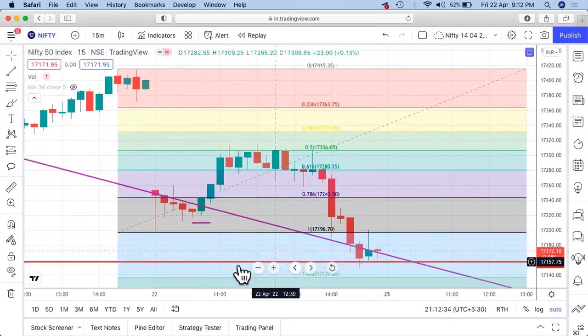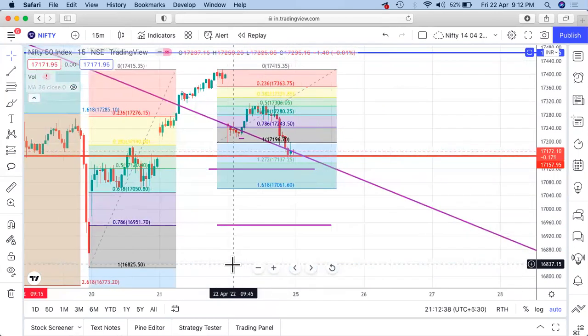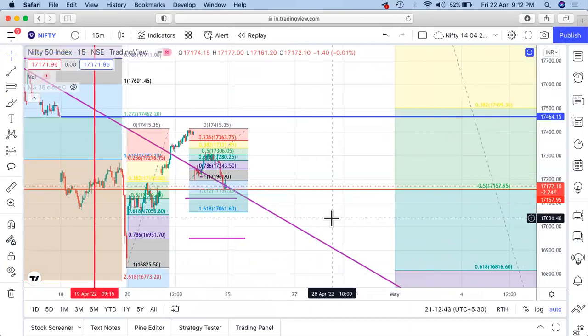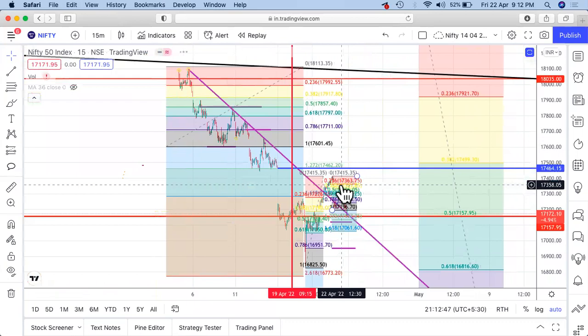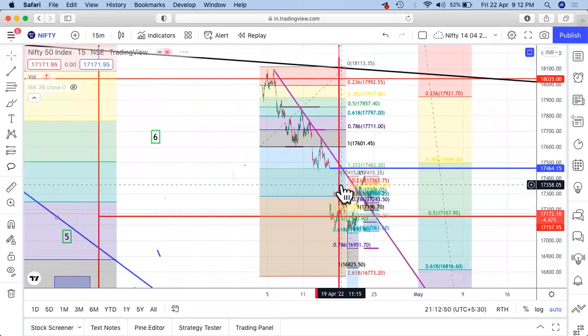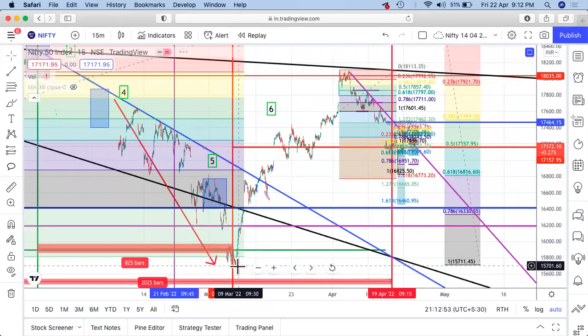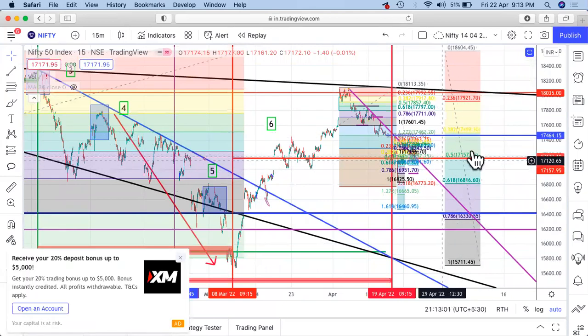One is the red line that we see. This red line is nothing but the 0.5 level of the total range from the top to the bottom. So that was the top and this was the bottom. That entire range is shown in this Fibonacci, and this is the 0.5 level.